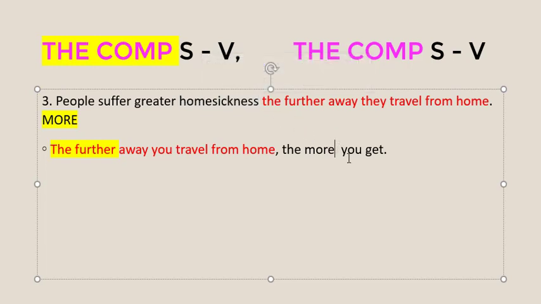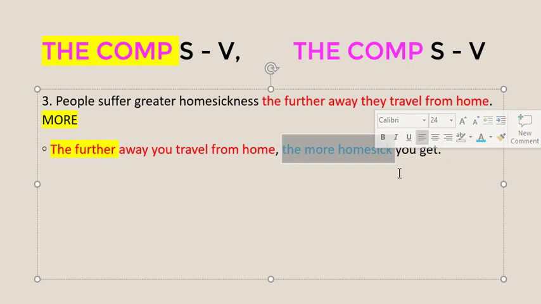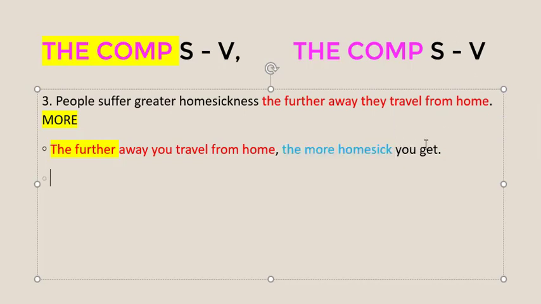The adjective of homesickness is homesick. Okay, this is the answer for number 3. The further away you travel from home, the more homesick you become. You is the subject, become is the verb. That is all. Let's continue to number 4.